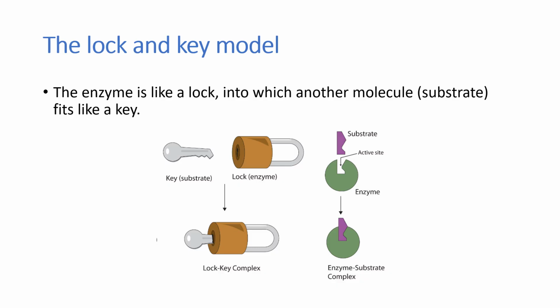So we know that each lock has its specific key. So one lock cannot be unlocked by any other key. In the same way, the enzyme is like a lock into which a substrate molecule fits like a key. So as each lock has its specific key, each enzyme has its specific substrate.